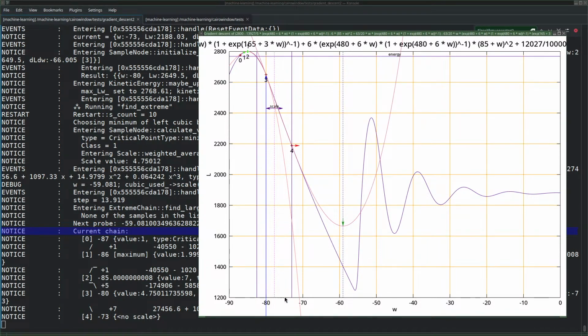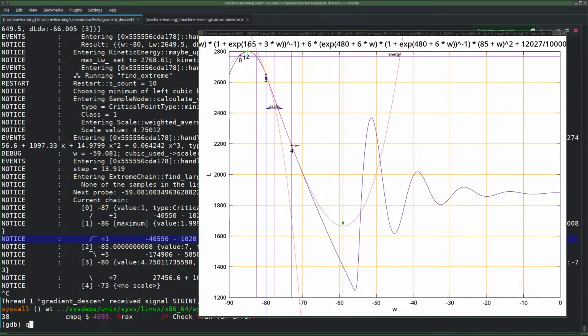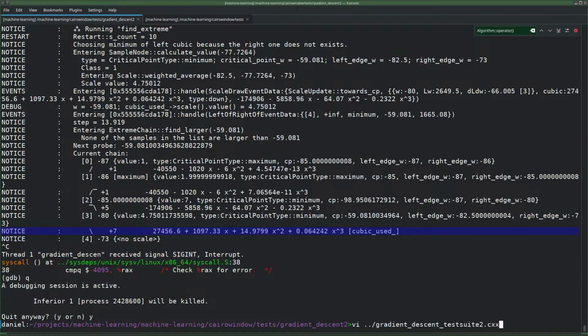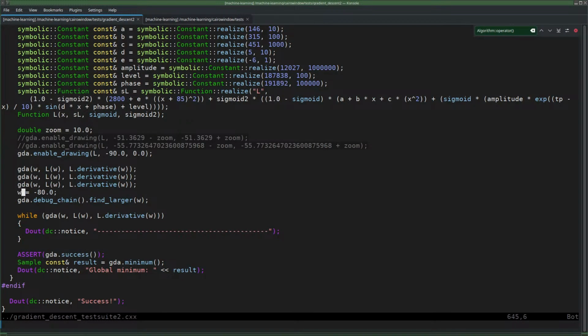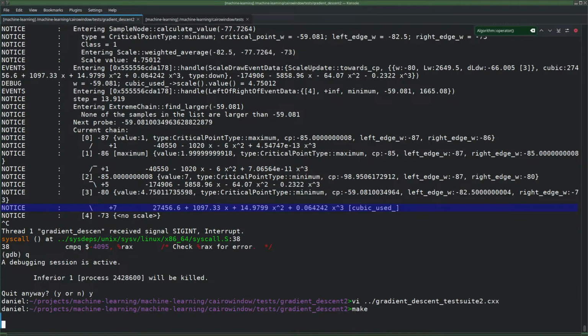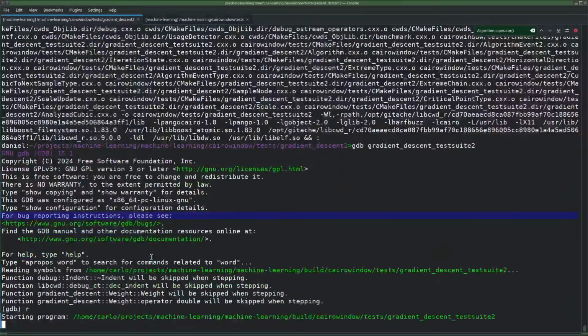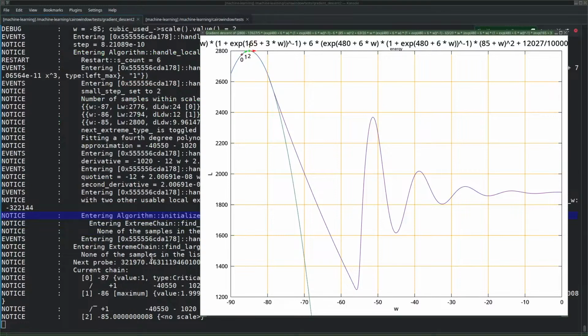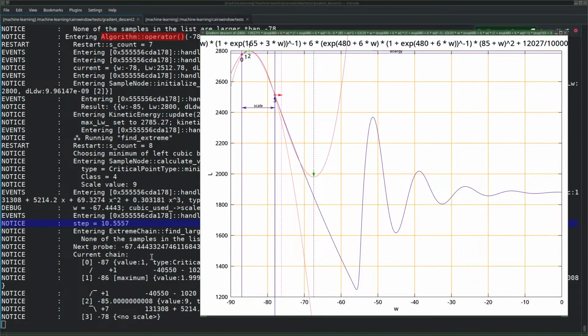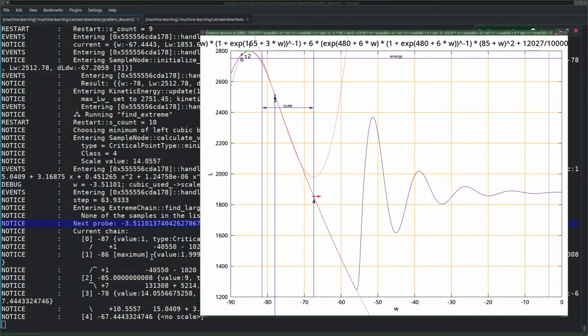I mean minus 78 or something, maybe. Yeah, now it works.